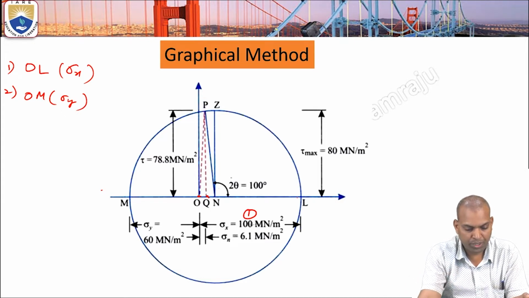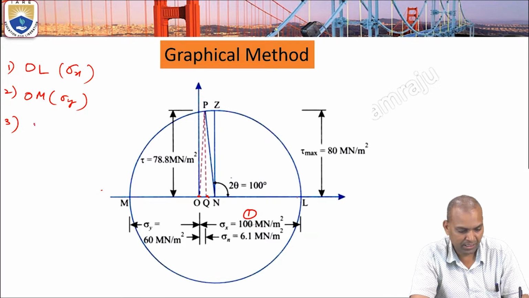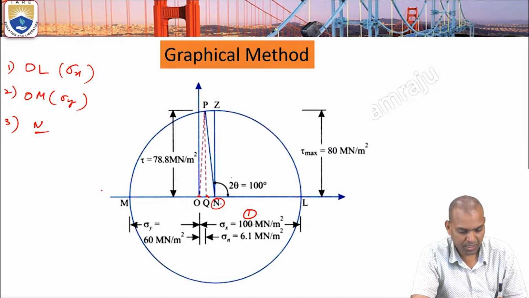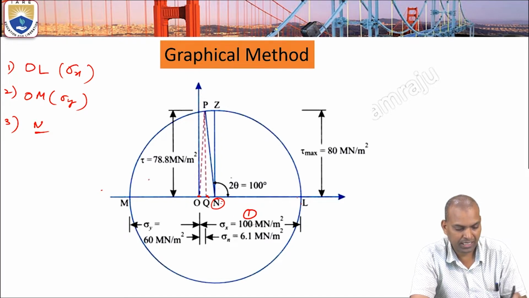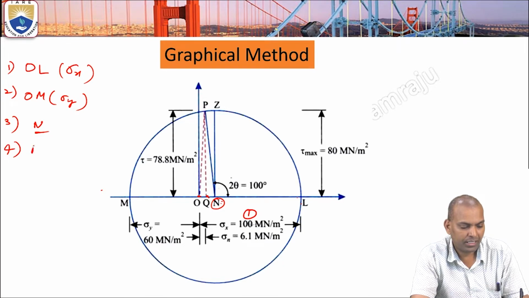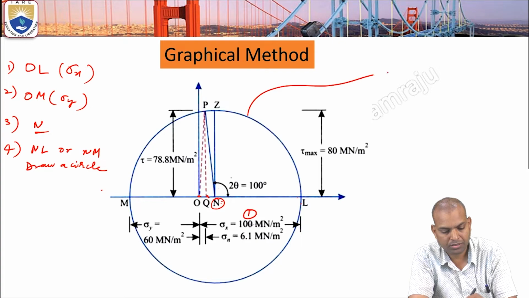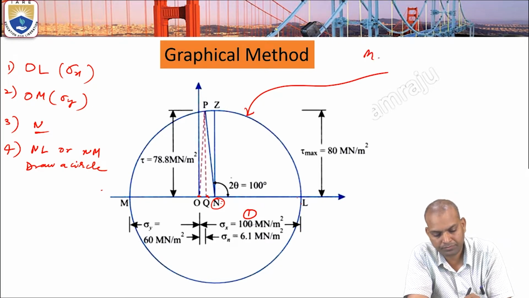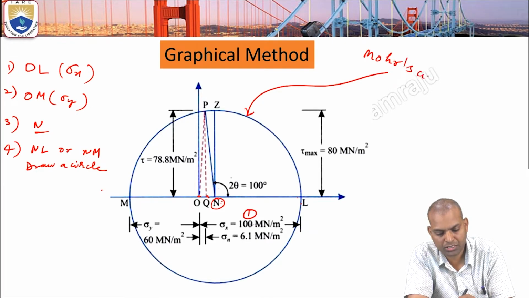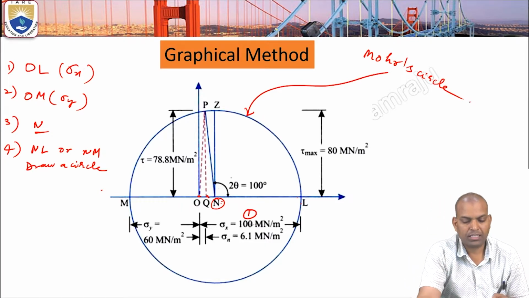So make a midpoint, make a center N, take a radius of NL or NM, and draw a circle. That circle is known as the Mohr circle.